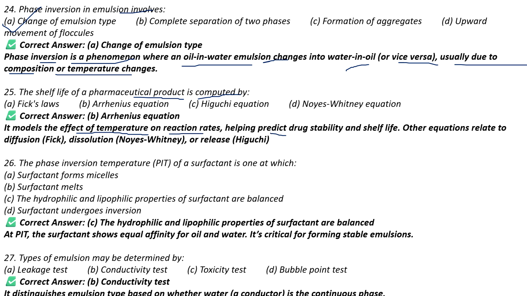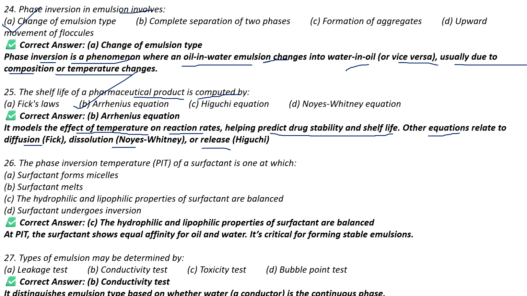It helps in predicting the drug stability and its shelf life, while Fick's law is related to diffusion, the Noyes-Whitney equation is related to dissolution rate, and Higuchi's equation is related to the release of the pharmaceutical product. So we can say the shelf life of a pharmaceutical product is computed by using the Arrhenius equation, that is option B. Moving on to the next question.